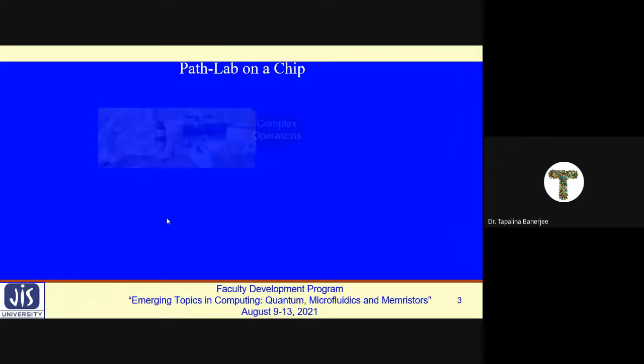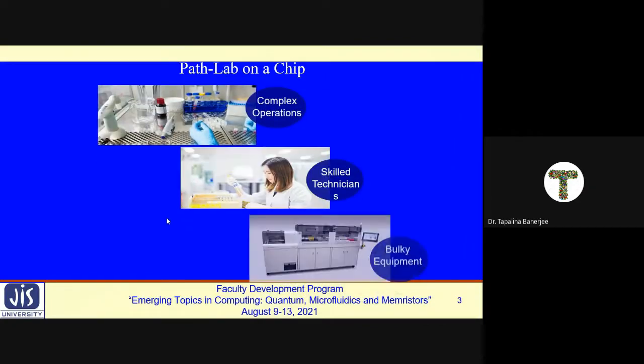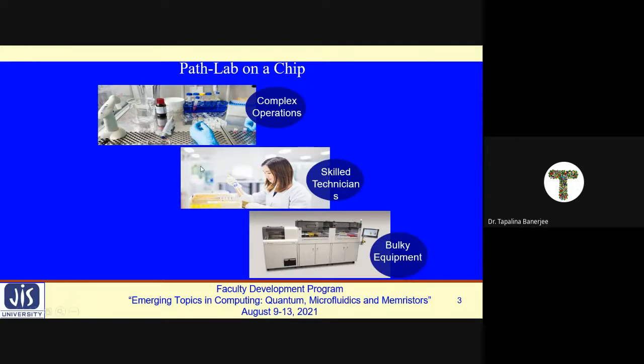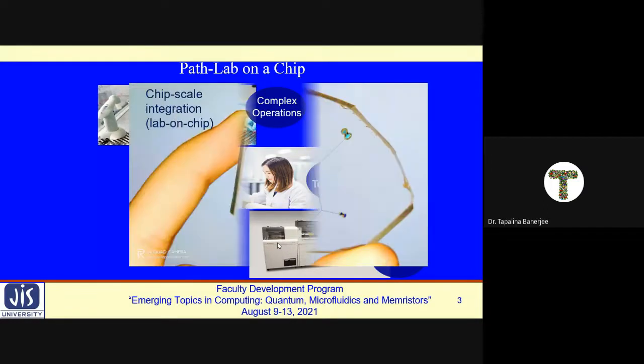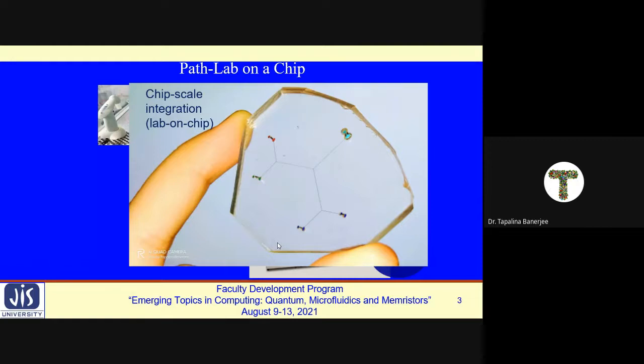Fine. So, in our real life, whenever we are considering lab-based protocols, then skilled technicians of pathological laboratory have the capability to handle different complex operations. And these things are possible by using bulky equipments, right? But with the advent of microfluidics lab on chip, this whole path lab is possible to integrate on a tiny LOC.